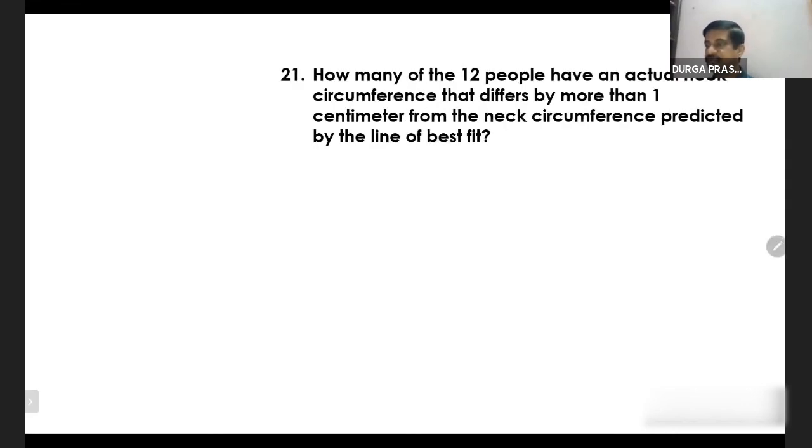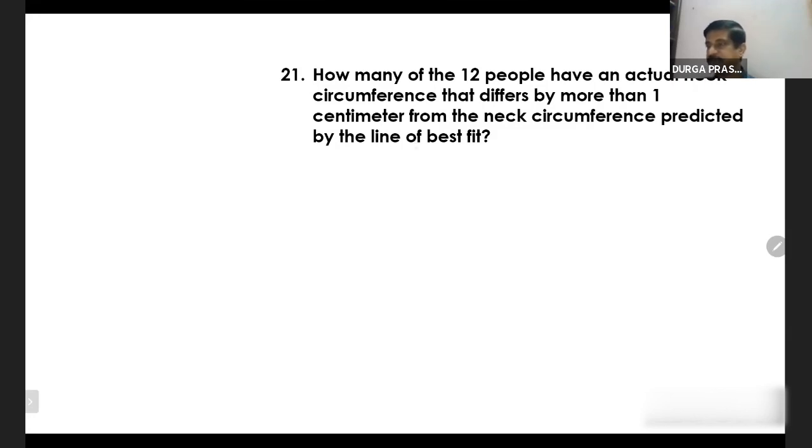How many of the 12 people have an actual neck circumference that differs by more than 1 centimeter from the neck circumference predicted by the line of best fit?